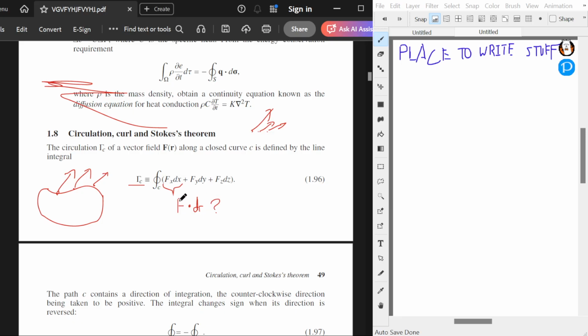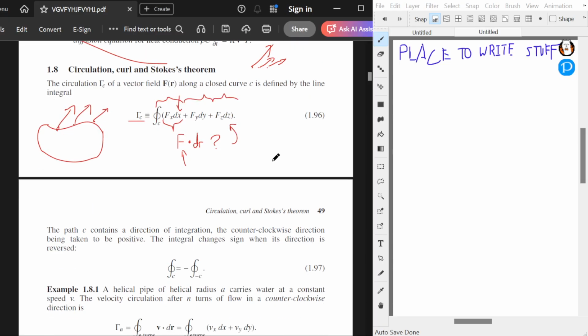Because the x component of F and the x component of dr is dx. So this is this, maybe. Am I missing anything? We'll see. So circulation is just three integrals added up for each point, basically.